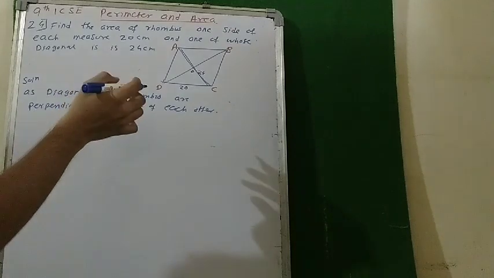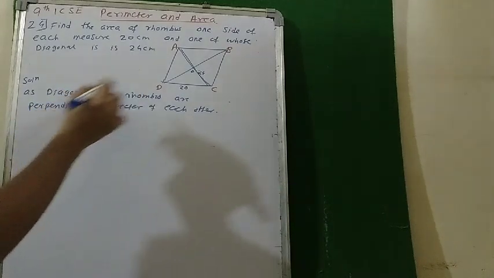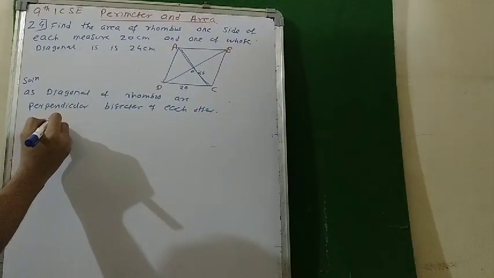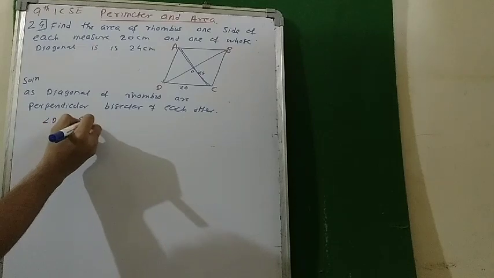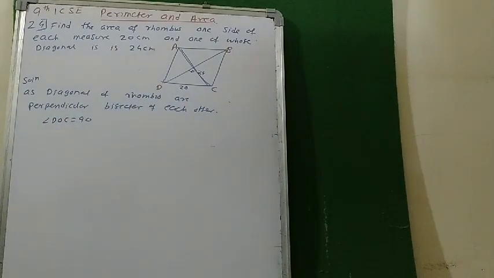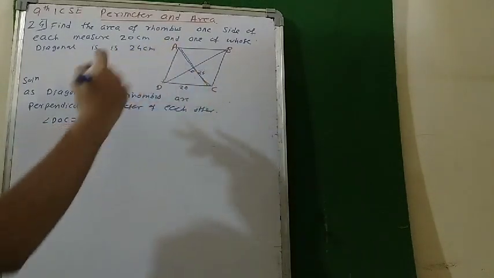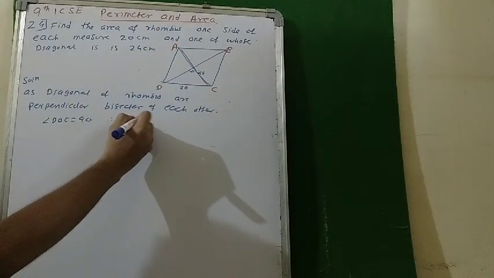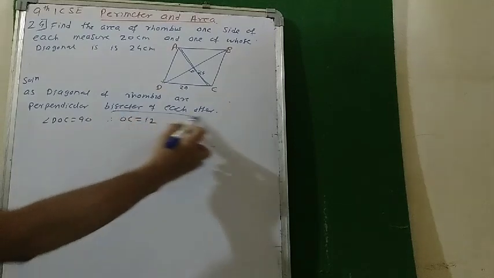As they are perpendicular bisectors of each other, we can see in this diagram that angle DOC is equal to 90 degrees, where the point of intersection of the diagonals is O, and as AC is 24, therefore OC will be 12 as they bisect each other.